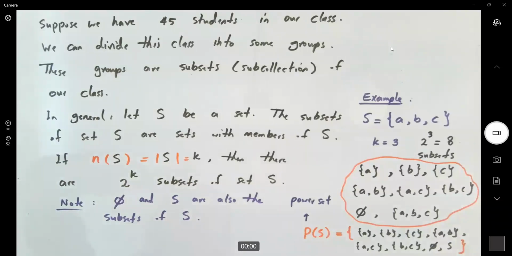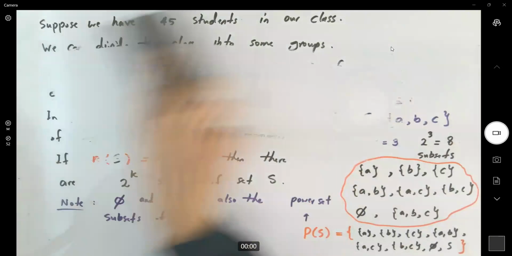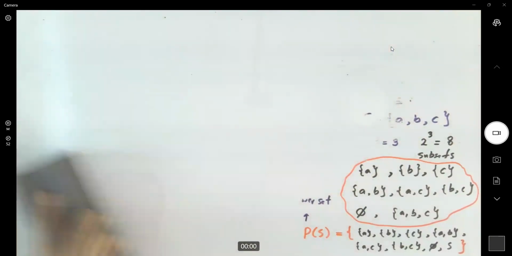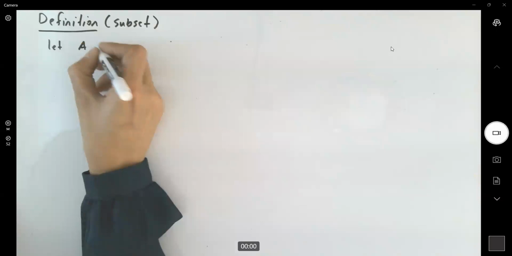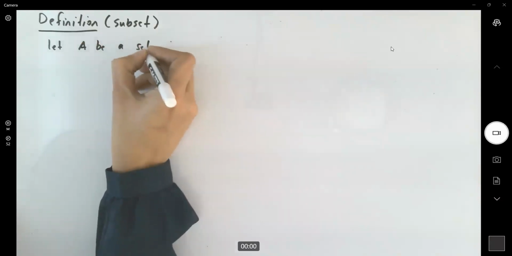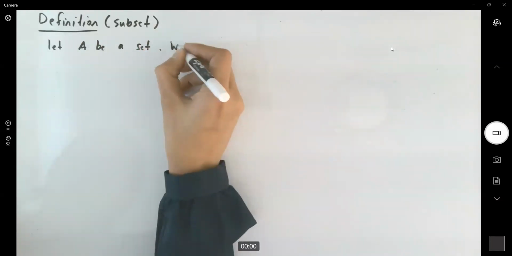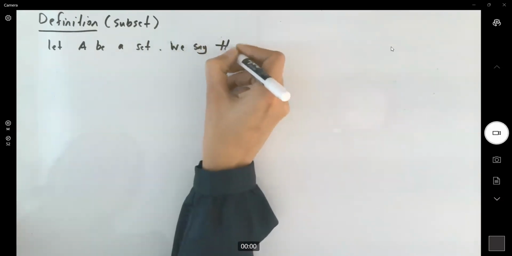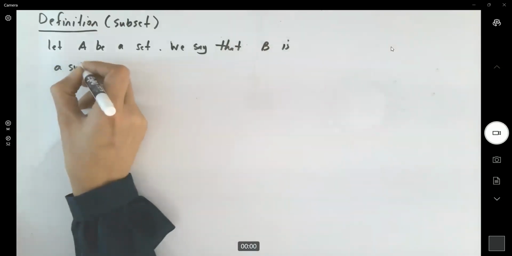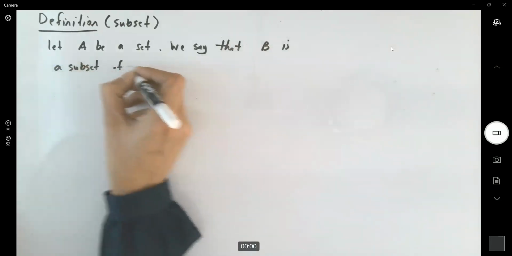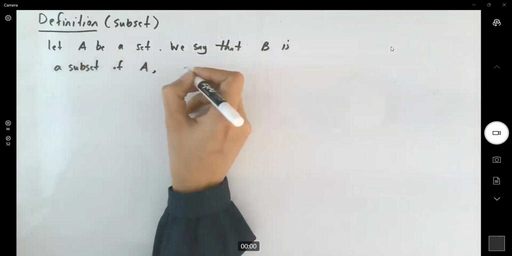So officially, when we're talking about sets and subsets, we're going to define it this way. Let A be a set. We say that B is a subset of A, and we write it this way.